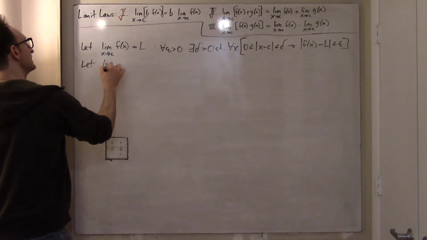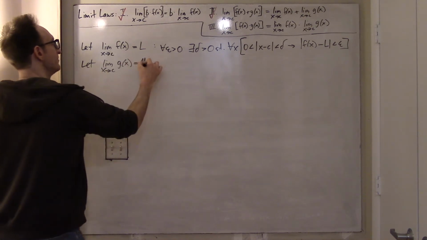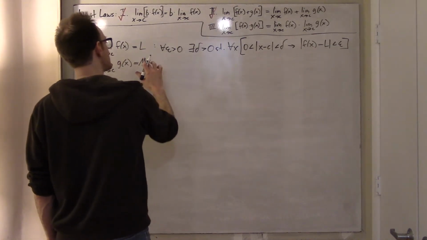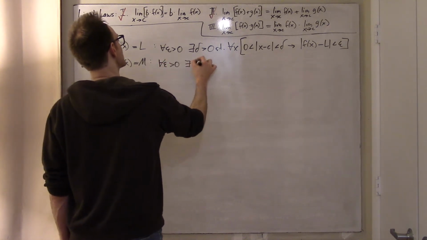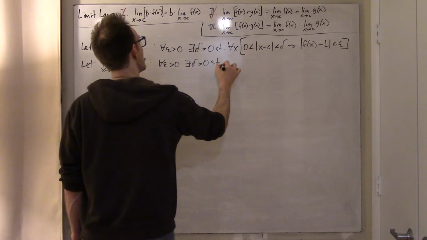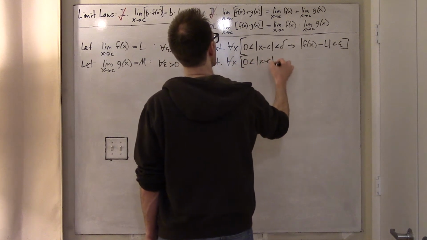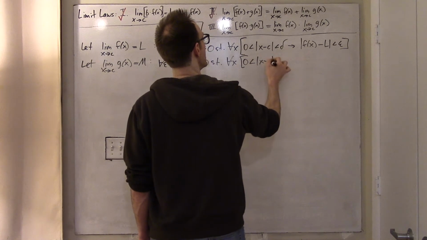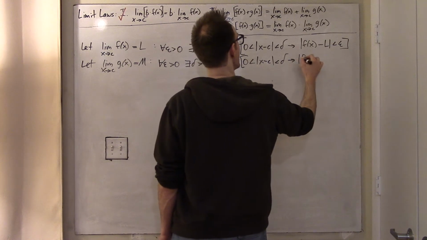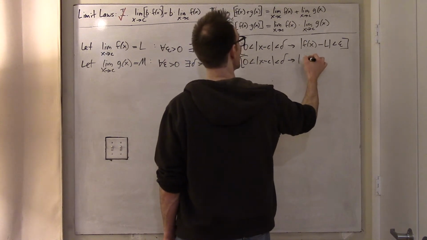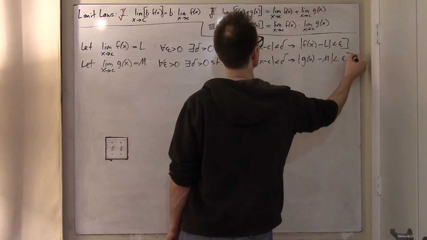Also, let the limit as x approaches c of g be m, and thus what I know is that for all epsilon greater than 0, there exists a delta greater than 0 such that for all x, if I'm within delta of c, then my function g is not too far away from m, specifically within epsilon.